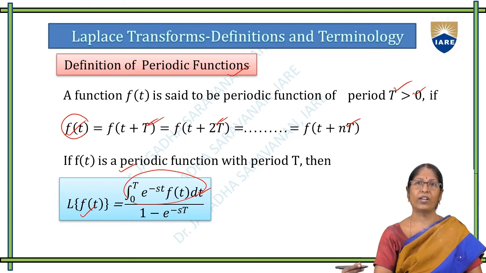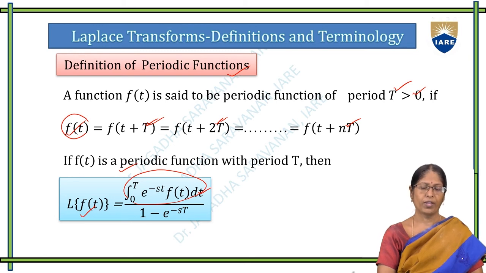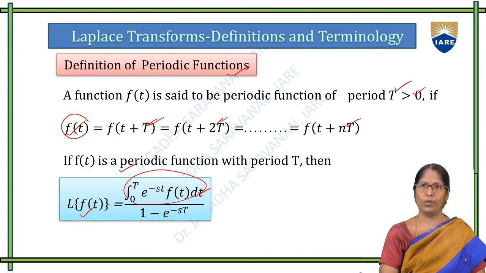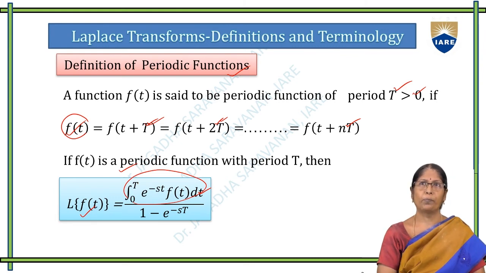So always compare with the formulas to find the difference, and see which variable is playing the role. So for the periodic function, the definition is integral 0 to capital T e power minus st f of t dt, divided by 1 minus e power minus sT.